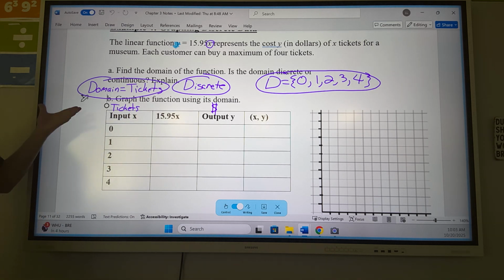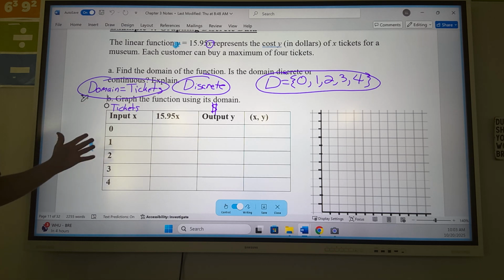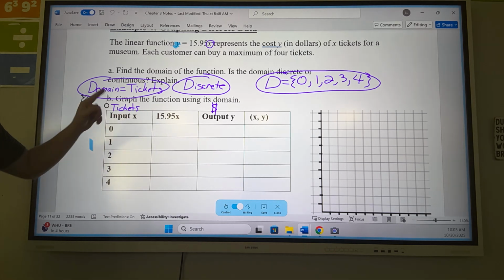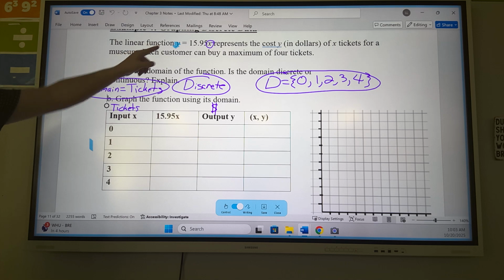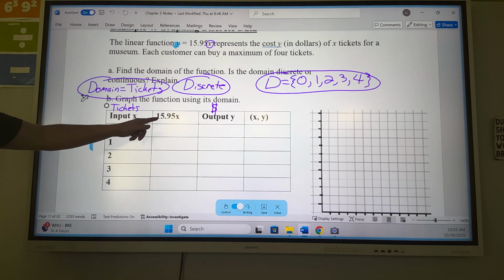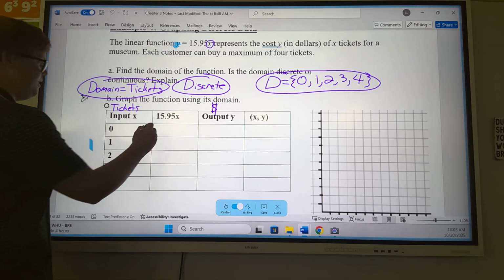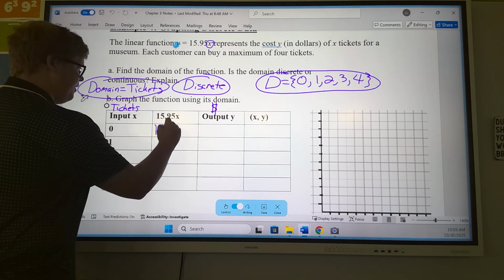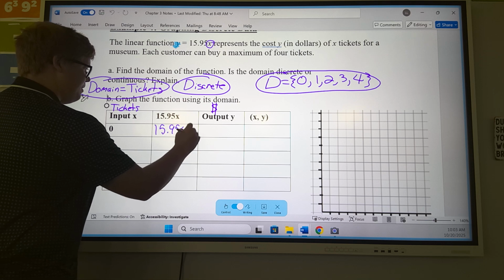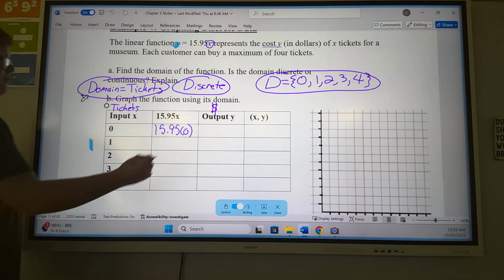So all we have to do to find what we're going to pay for all 4 tickets is plug it in to our input and our equation. Our equation again was y equals 15.95x. So for 0 tickets, all we got to do is plug it in. 15.95 times 0, which is 0.